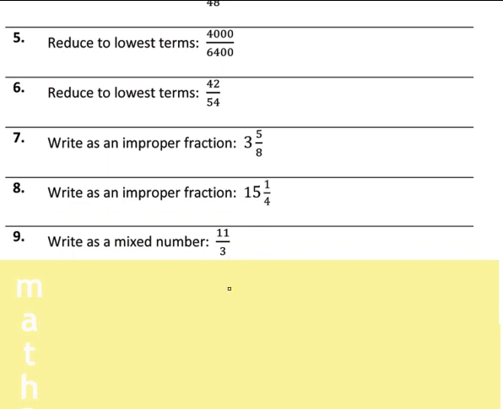So the way we do that is we divide the 3 into 11, and that'll be our whole. So 3 goes into 11 3 times. We have 2 left over.